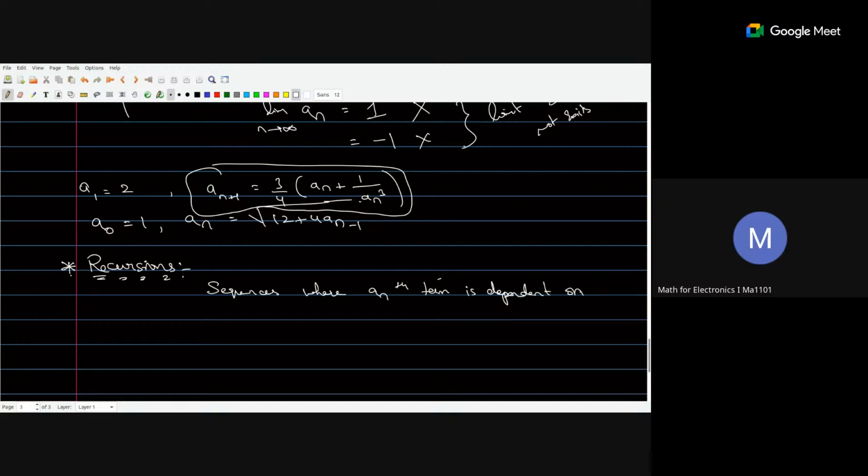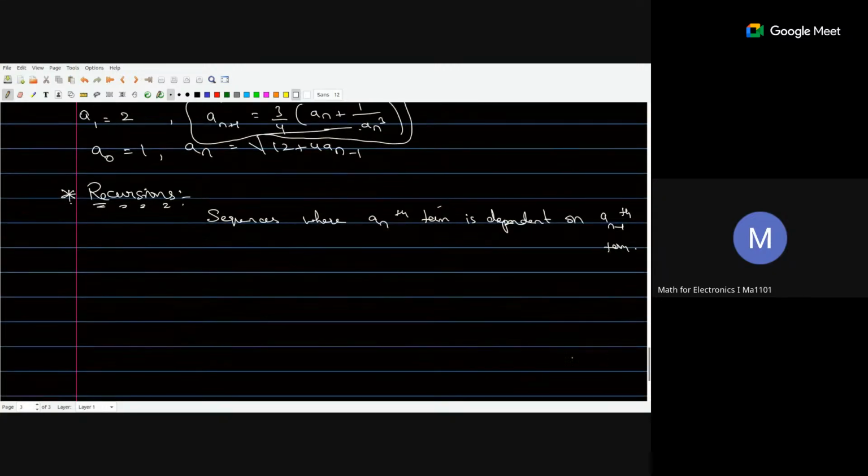I hope everyone knows what dependent means. This is how these sequences are given to us. We'll give you the first term, like in the above case, a1 or a0, and then a recurrence formula will be given to you, something like this.